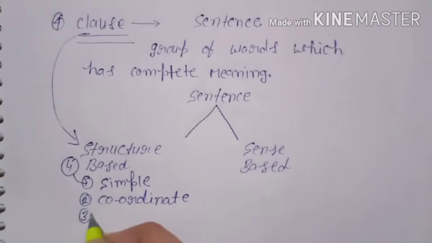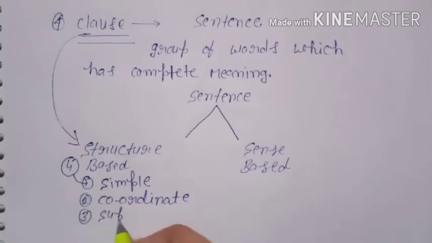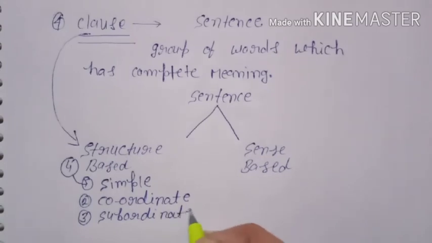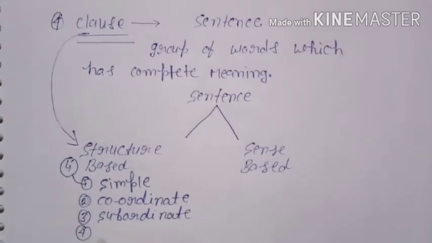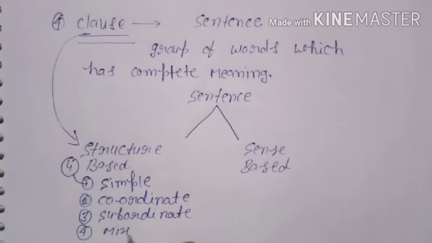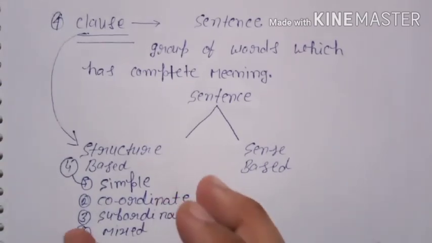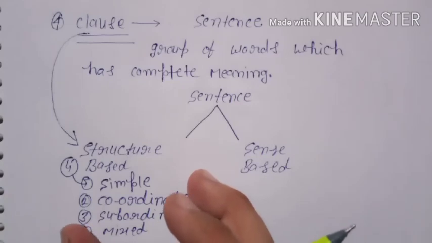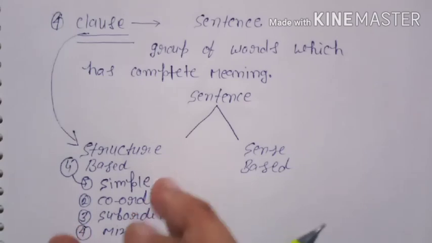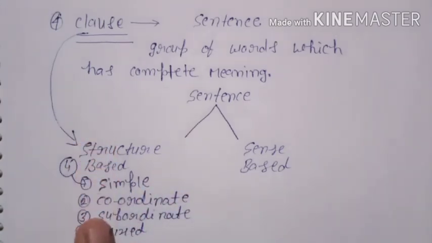Third is subordinate. And fourth is mixed. These four parts of a sentence are clause. We will read about clause in these four parts.